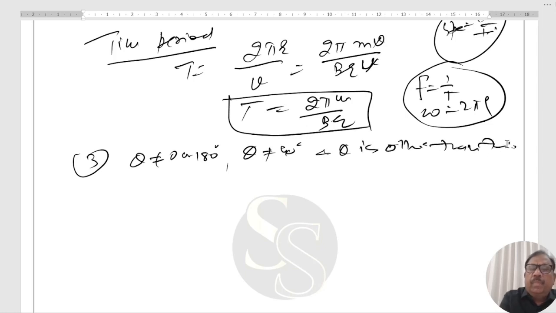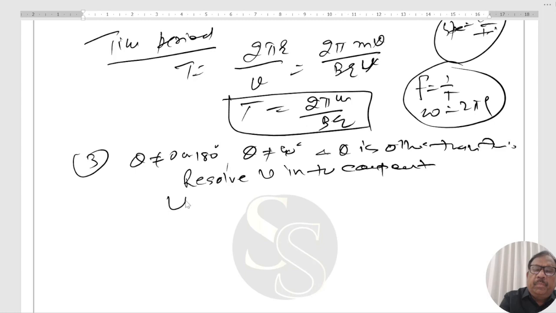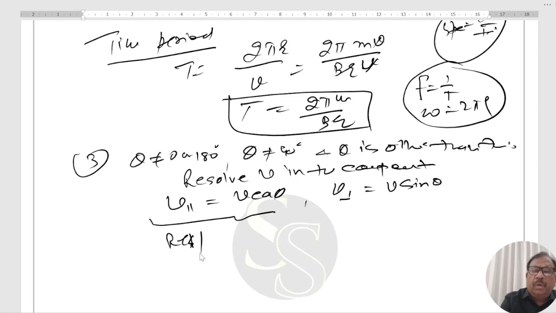In that case, what will happen? Resolve velocity into two components. One is V parallel to the magnetic field, V cos theta, and one V perpendicular, V sin theta, right? This component is responsible for straight motion.